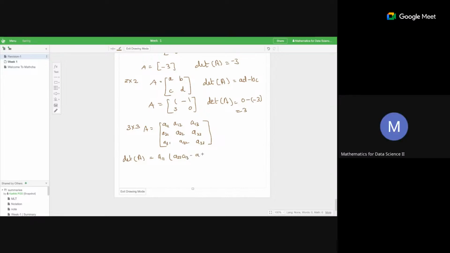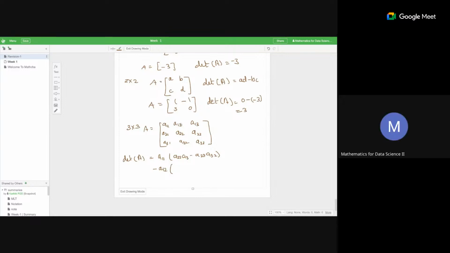Yeah. Okay. Next, I'm going to put a minus, and then a12 times the determinant of a matrix which has the entries a21, a23, a31, a33, right?